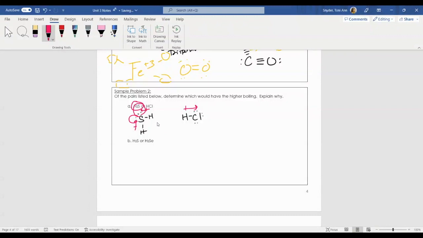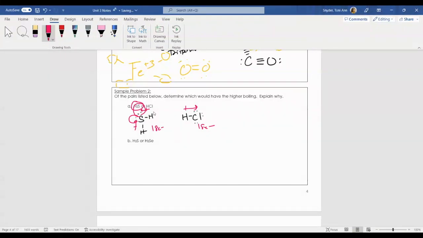So one way that you can decipher boiling points is with atoms that have a similar number of electrons. Sulfur has 16 electrons, plus another 2 gives me 18 electrons total. And this also has 18 electrons. I can't really compare this by means of London dispersion forces because they both have the same number of electrons. So I have to look at how polar these are.